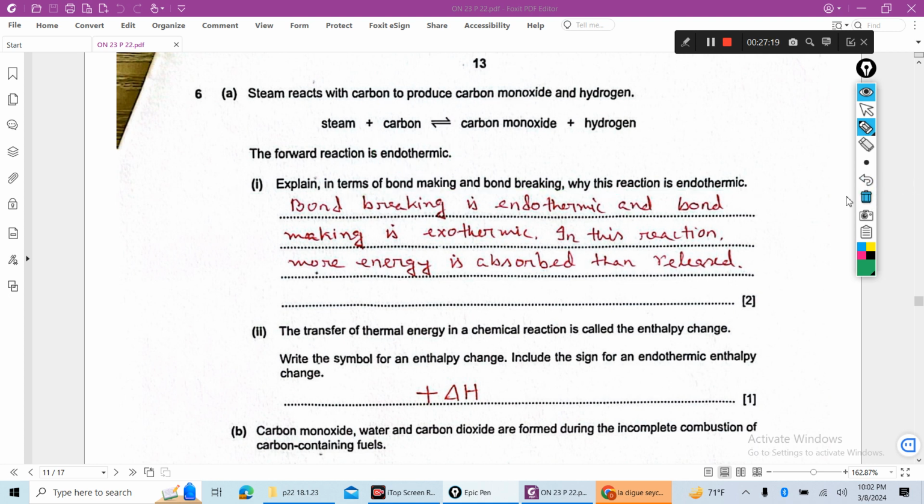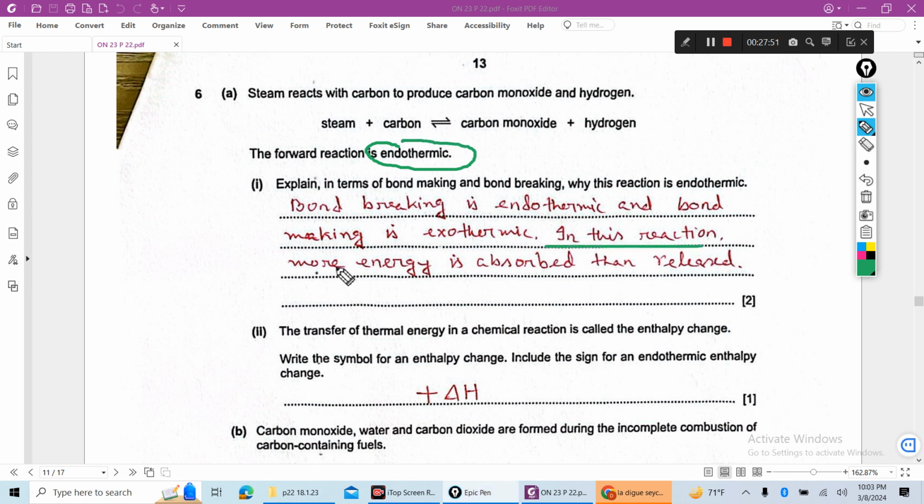Endothermic means energy absorbed or heat energy taken in. Now bond breaking is endothermic. To break a bond, energy is needed, so it is endothermic. And bond making is exothermic. When a bond forms or is made, energy is released, that is exothermic.